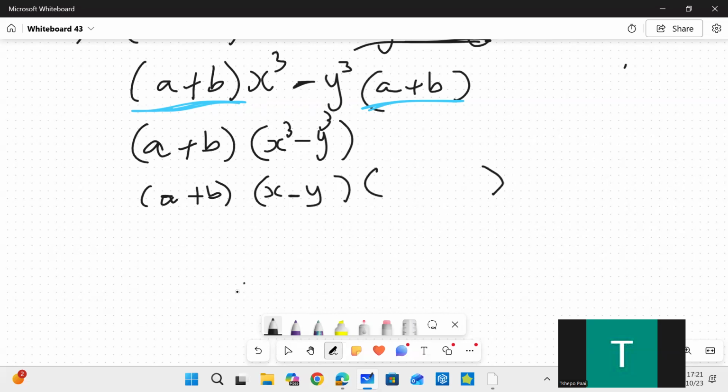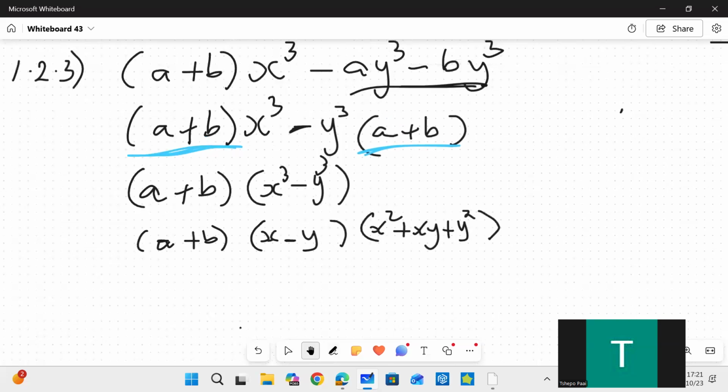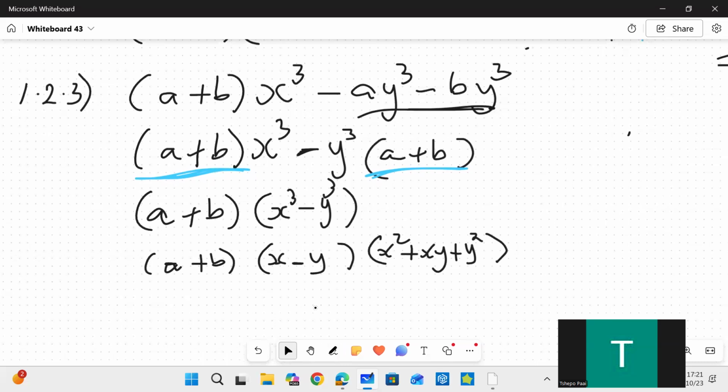Then you use this bracket to get the second bracket. How? You square your x, and it becomes x squared. x times minus y is minus xy, times minus, it is plus xy. Lastly, you square minus y, and you get y squared. So that's how this question will be answered. That's our last step: a plus b, x minus y, into x squared plus xy plus y squared.